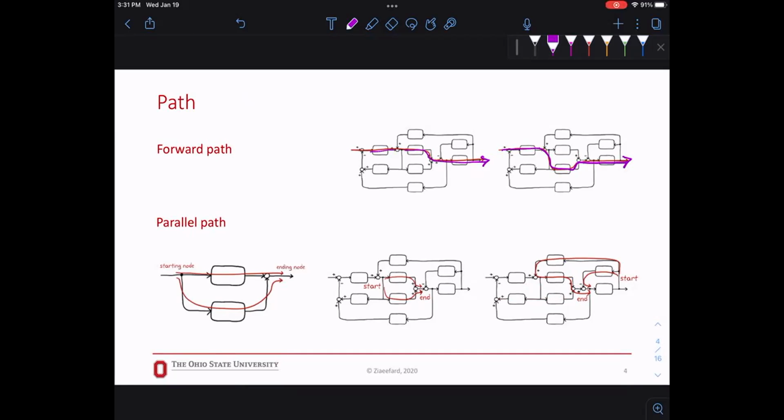Parallel path: if you start from a starting point, it doesn't have to be your input, and go to the output or to an end point, and there is another path that goes forward from that same starting point to your endpoint, that's called parallel. The reason I'm talking about this terminology is that later we will use it to apply algebra to them. We combine parallel differently than, for example, feedback. So being able to recognize them is helpful.